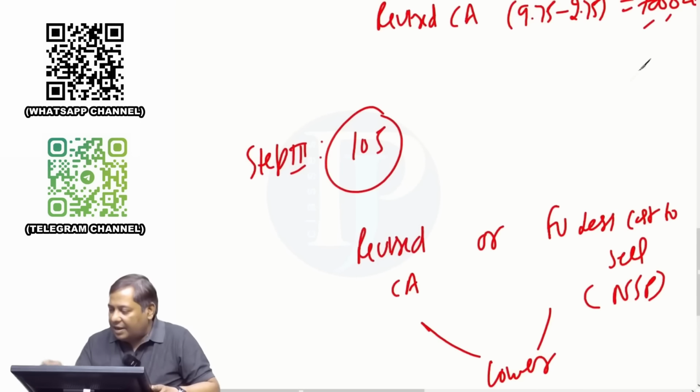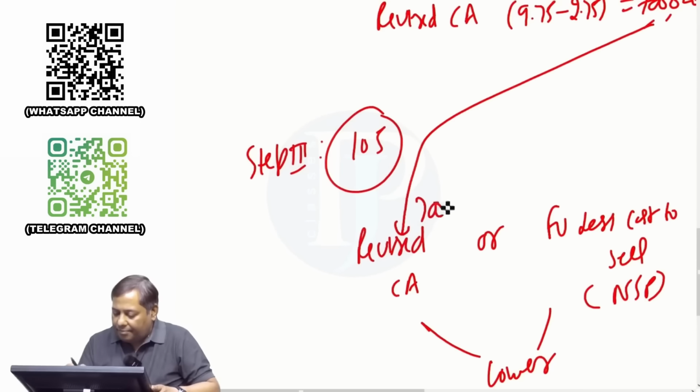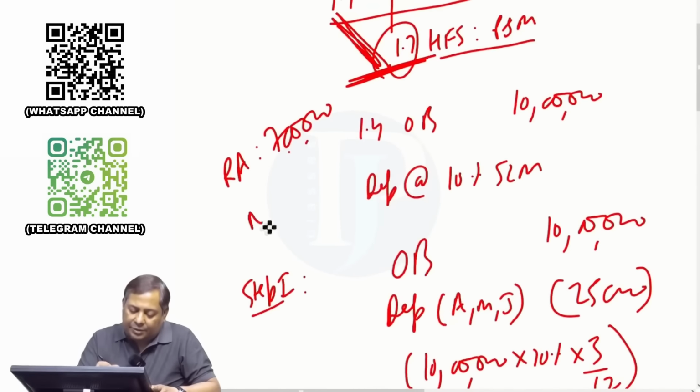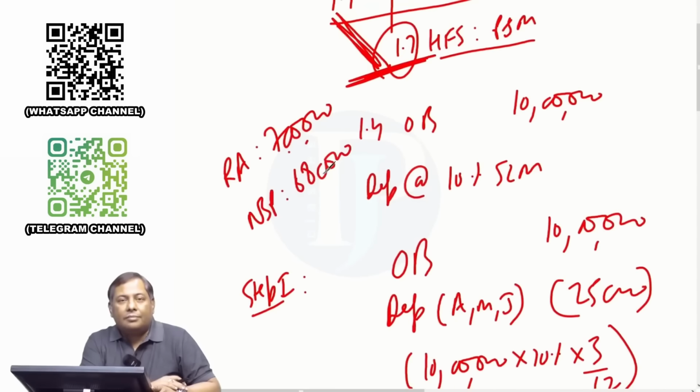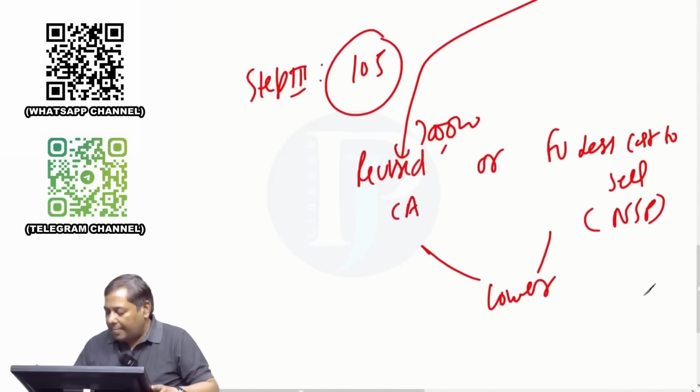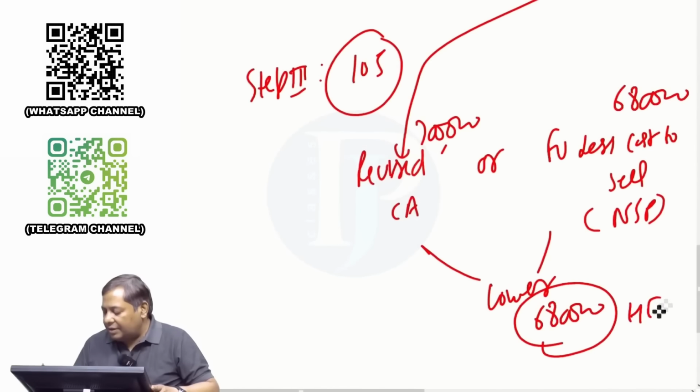I have a revised carrying amount of rupees 7 lakhs. And when I checked the question, I found NSP there. Let's assume it is 6,80,000 rupees, so I kept NSP here. Whichever is lower, 680. This will go into your held for sale.